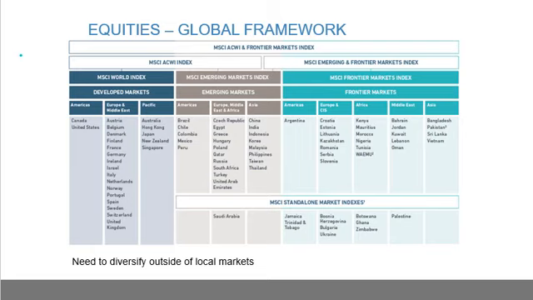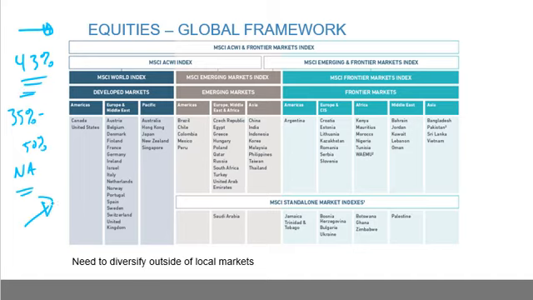Okay, with this slide I wanted to look in more detail at the global framework for equity indexes. Because we saw in the Abu Dhabi Investment Authority review that a 43% minimum of their assets are flowing into stocks, and that results in a 35 to 50% minimum of their assets flowing to North America. And you can understand these numbers if you understand the makeup of the global indexes.